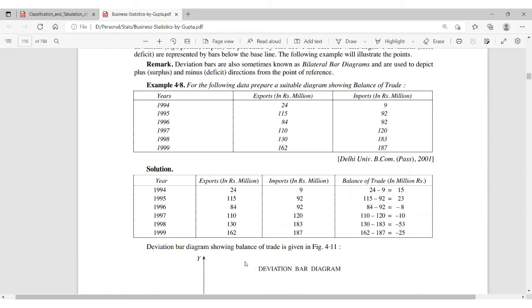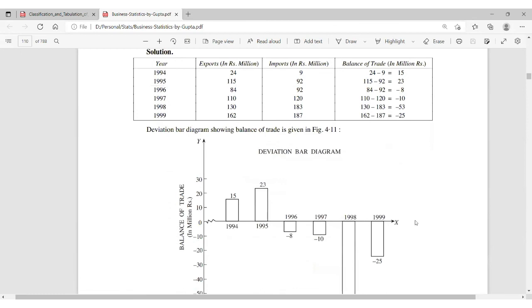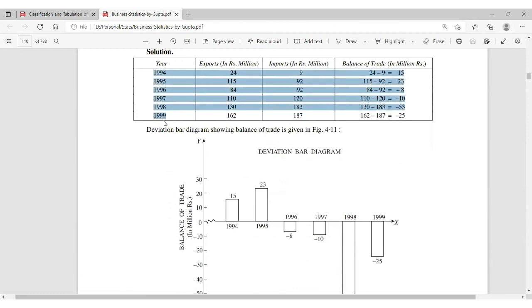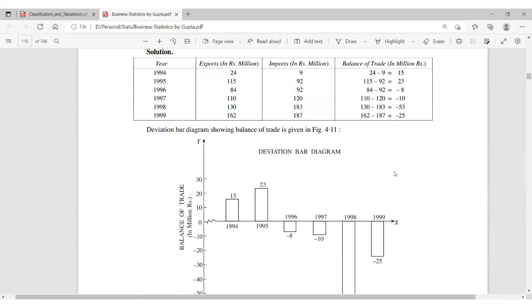Now, to show the bar diagram, we make this line for the years, the first data 94, 95 and so on. For 94 the division is 15, for the next, 95, it's 23. Then minus values are shaded below this line: minus 10, minus 53 below this line.